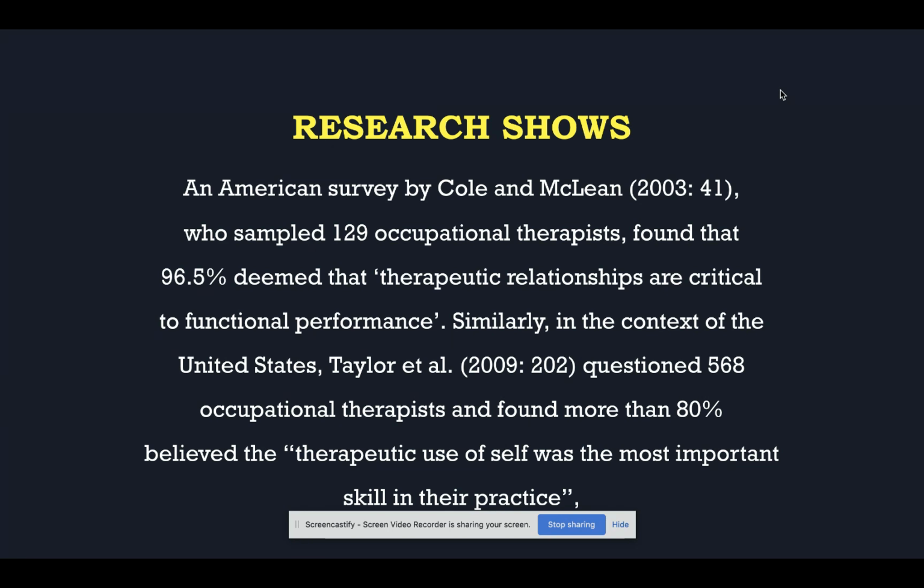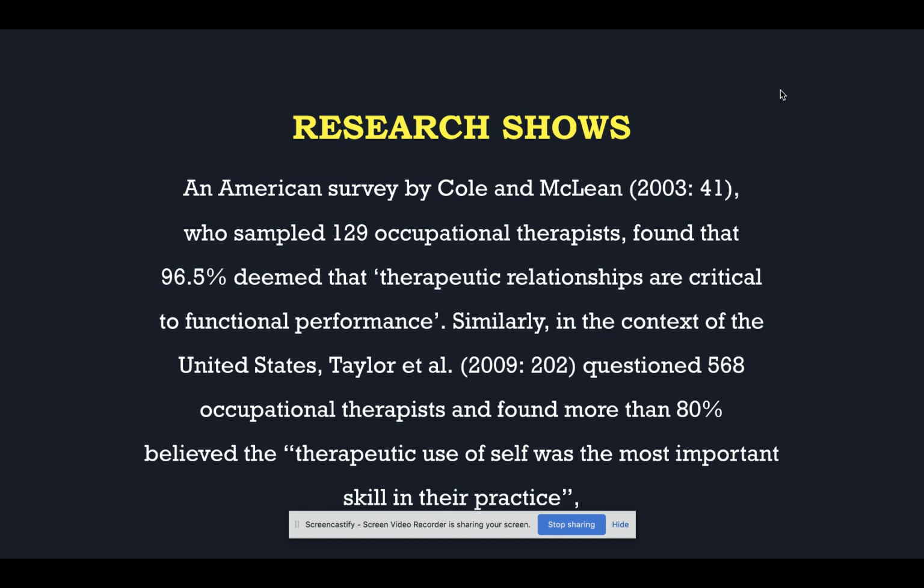Similarly, in the context of the United States, Taylor et al., Taylor is very popular in terms of this kind of research and content, questioned 568 OTs and found more than 80% felt that therapeutic use of self was the most important skill in their practice. That's pretty strong. 80% of therapists out of that 568 believed that therapeutic use of self was the most important skill in their practice.